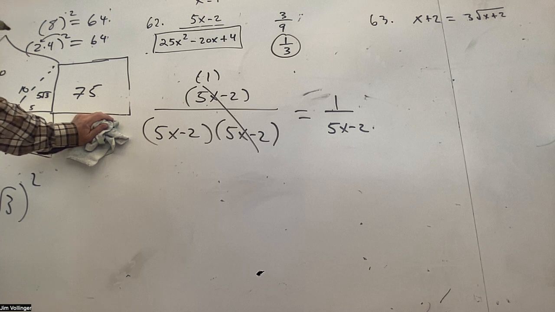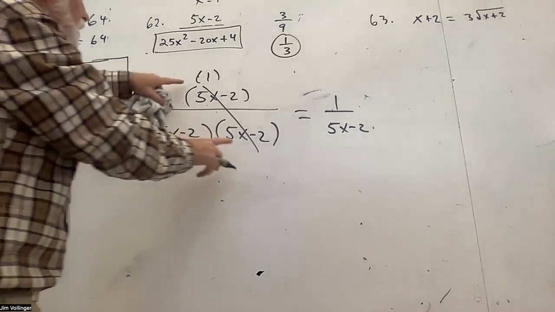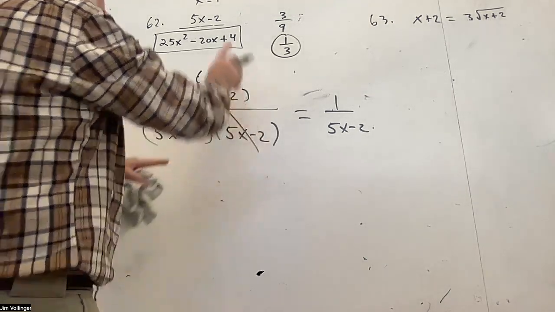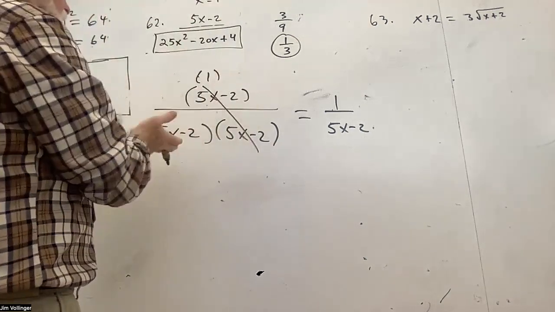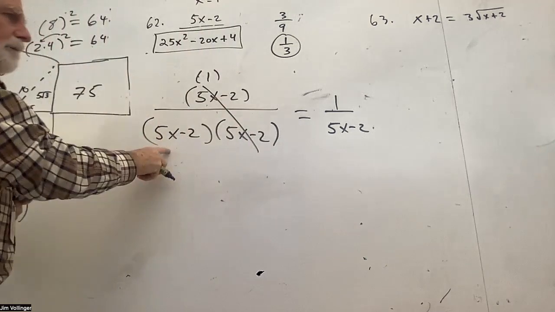X is 1. 25 minus 20 is 5, plus 4 is 9, so that's a third. Yep, minus 2 times minus 2, 4. Minus 10, minus 20. 1 over, oh.